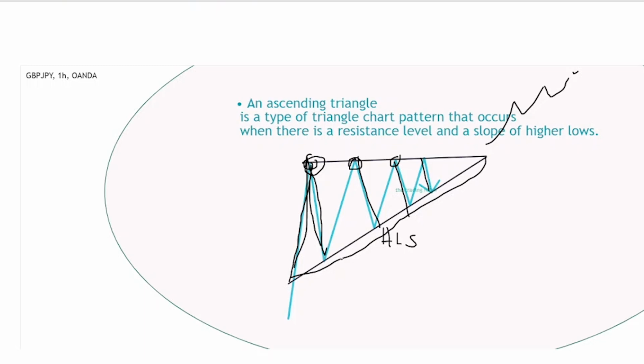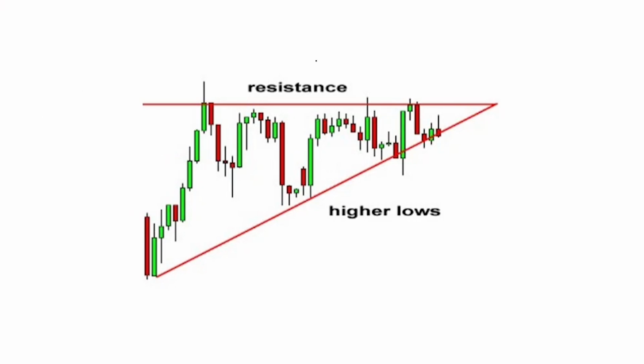From this candlestick formation of an ascending triangle, you can see that the candlesticks are rejecting from resistance. From the upside to the down, these are higher lows, showing us that we are trying to move up.